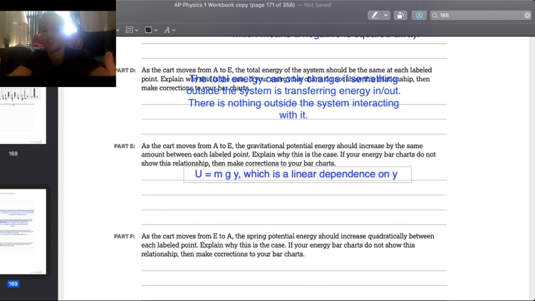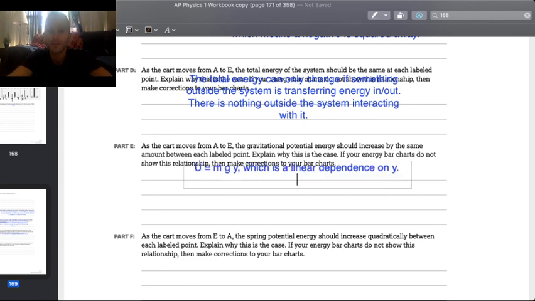So it has a constant slope. That means we get the same change in potential energy for equal changes in y.